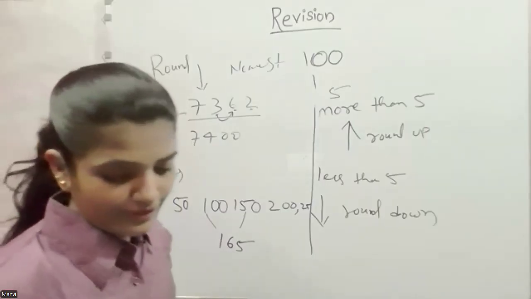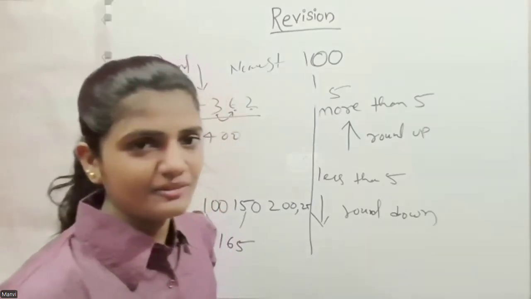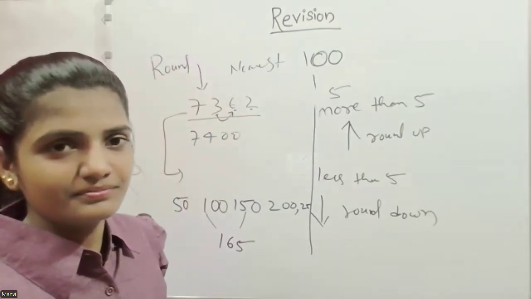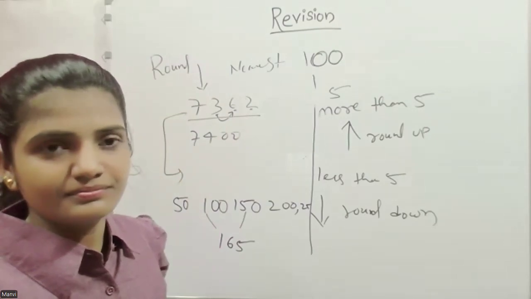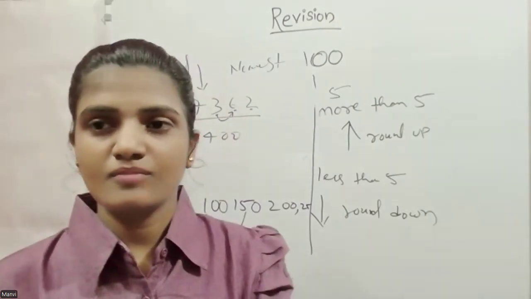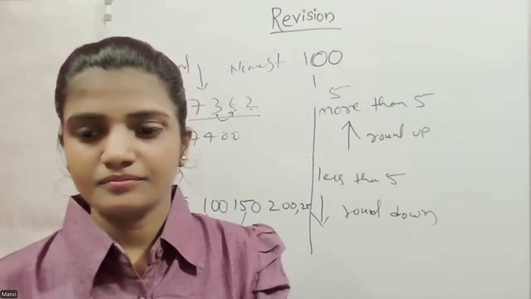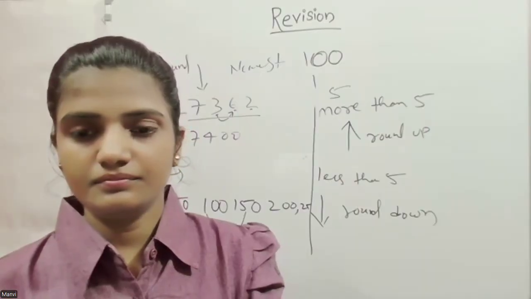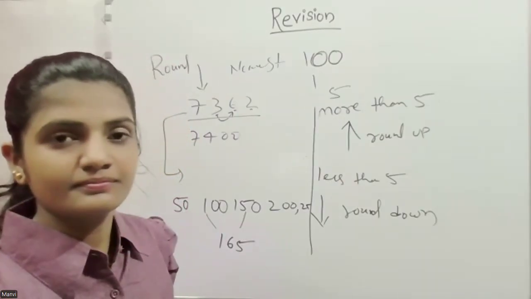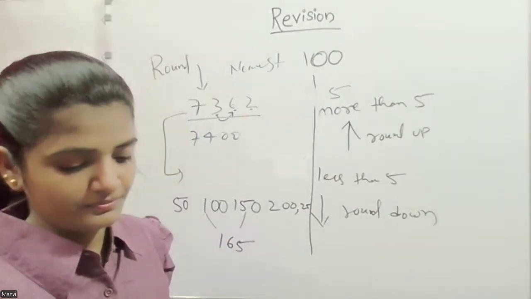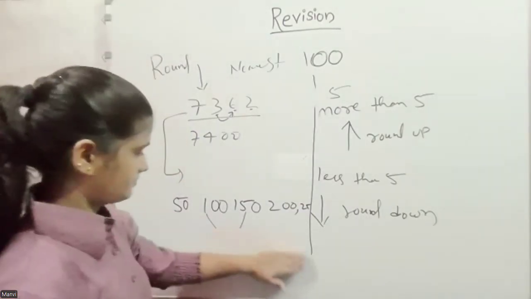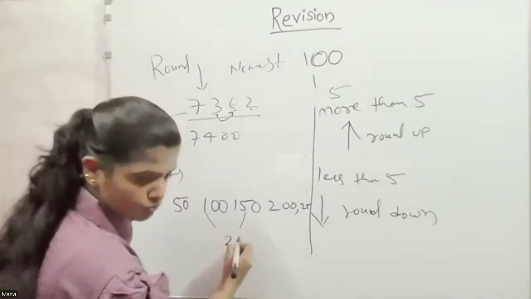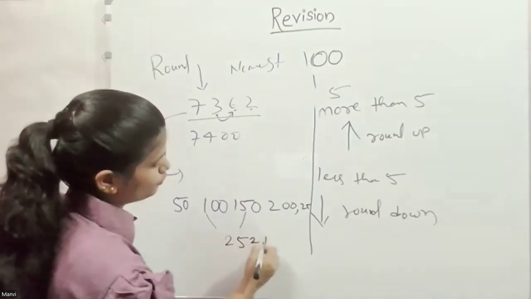One question on rounding to 50, try question number 10. The number is 2,524.